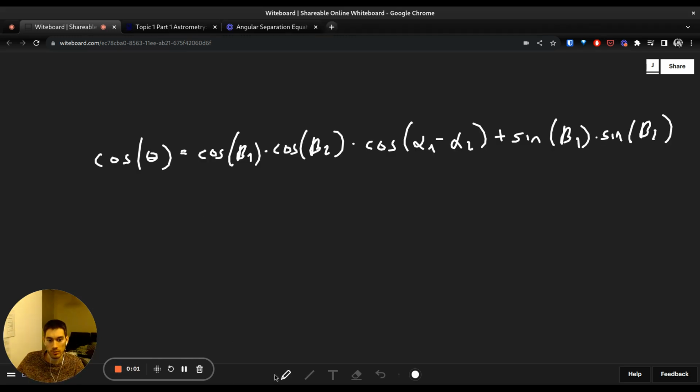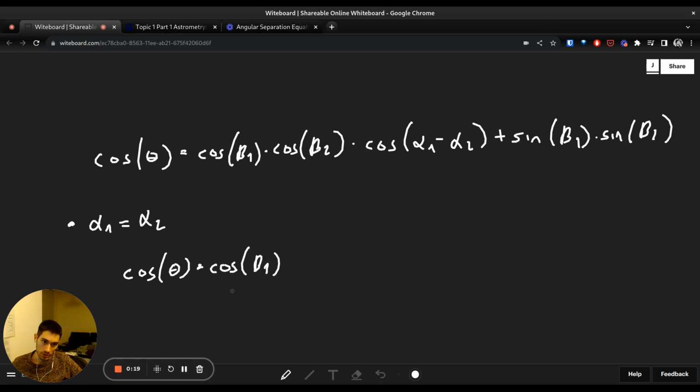Okay, so now we are going to put some special cases. The first one and the easiest is when alpha 1 is equal to alpha 2. So in that case, cosine of theta is equal to cosine beta 1 times cosine beta 2 times cosine of 0, which is 1, and then plus sine beta 1 times sine beta 2.